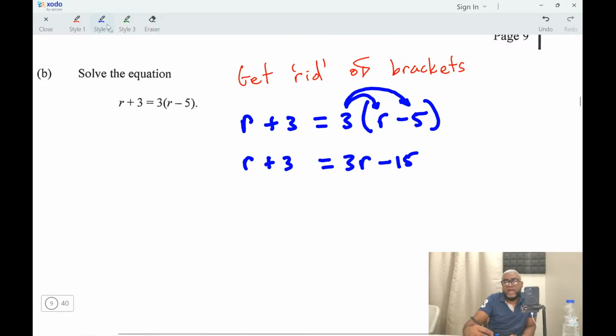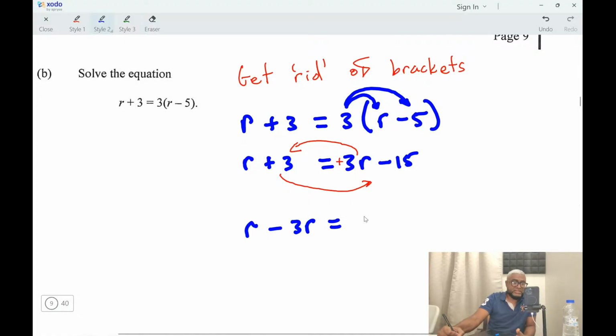So at this point, I want to get all the r's on one side, so I'm going to carry this 3r here. Understand that it's plus 3r, it becomes minus 3r when it goes to the right, and I'm going to carry this plus 3 here. That plus 3 will become minus 3. So I'm going to put back the r here because that didn't go anywhere, and put in the minus 3r.